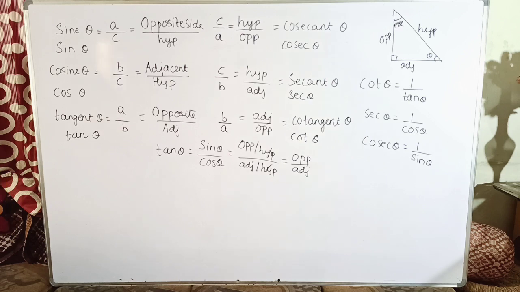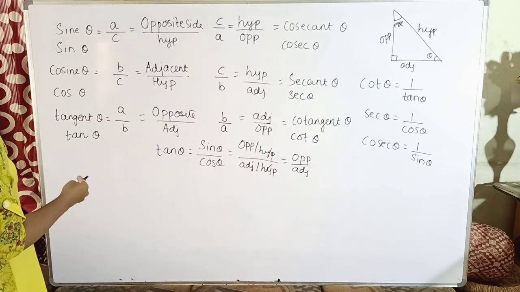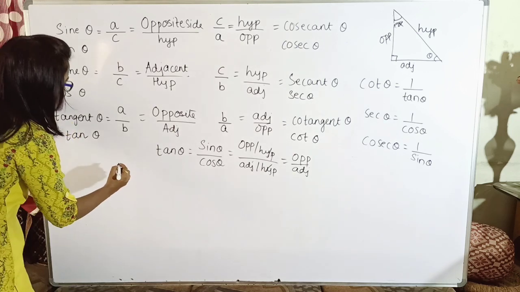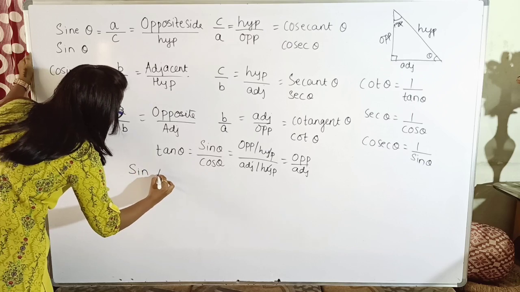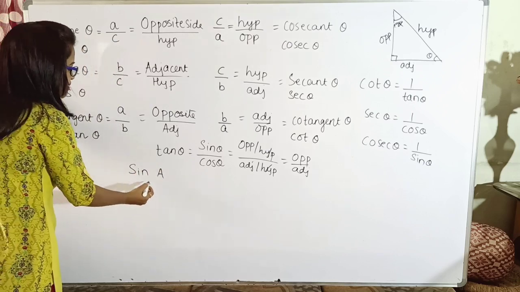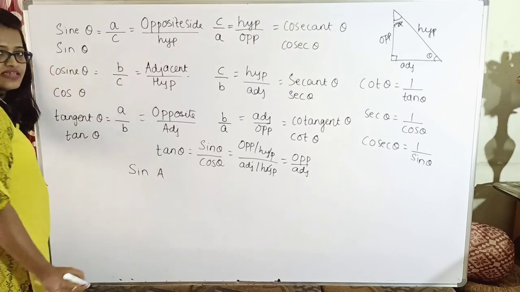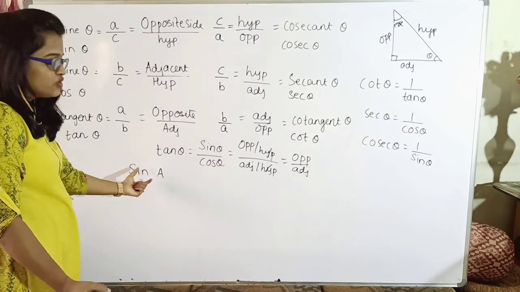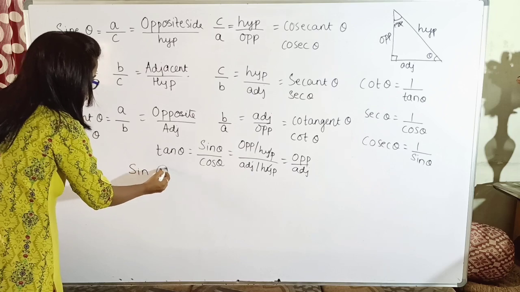Okay. So now, when I'm saying sine of angle A, it doesn't mean I'm taking a product of sine and angle A. No, the sine is actually of no value without the angle.